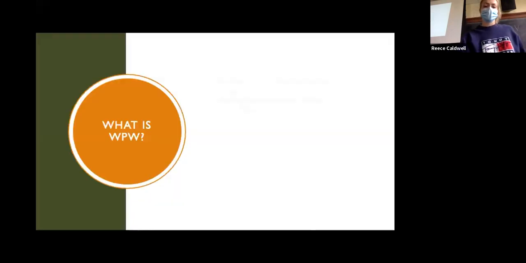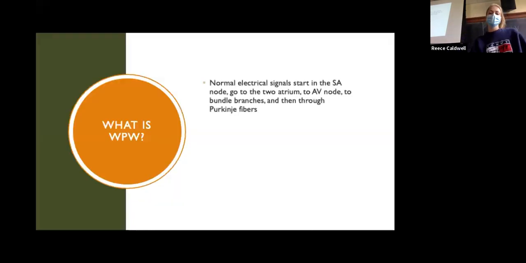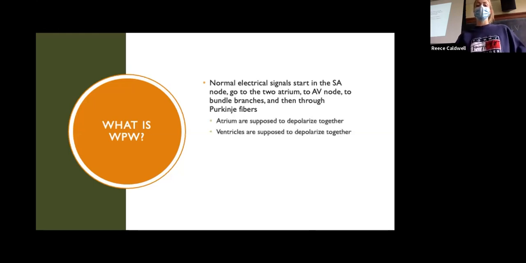Let's look at this one because I break it down. Normally, electrical signals, from what we studied last week, start in the SA node, then go through the atria to the AV node, then down the bundle branches and through the Purkinje fibers to cause the ventricles to contract. So in a normal electrical signal, the atria are supposed to depolarize together and the ventricles are supposed to depolarize together.